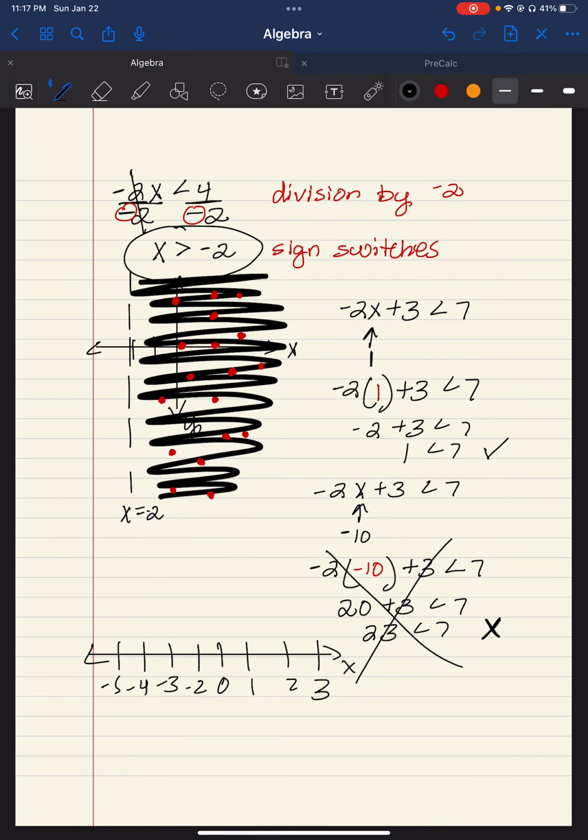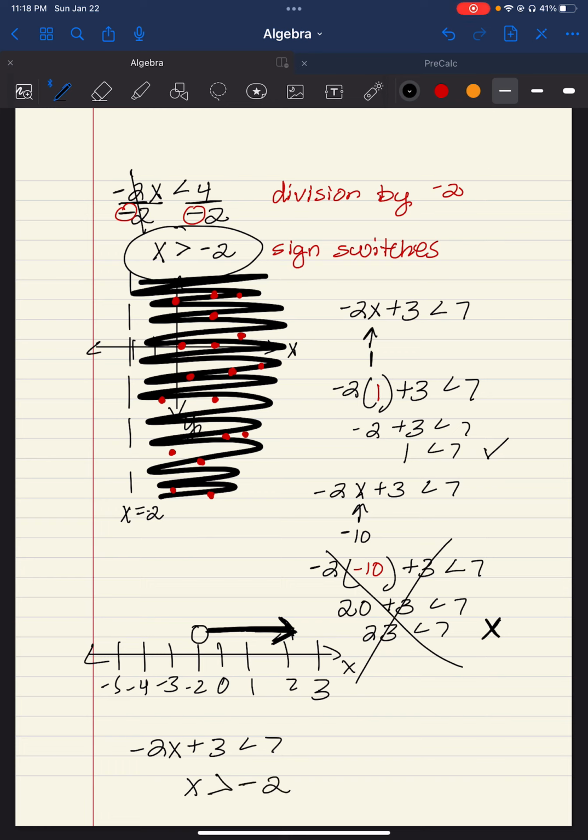When you put your value of -2, it's an open circle because it's not included. And in order to make it true, we're going this way. All your values have to be above -2 for this inequality. This -2x plus 3 is less than 7 gave us an answer of x is greater than -2.